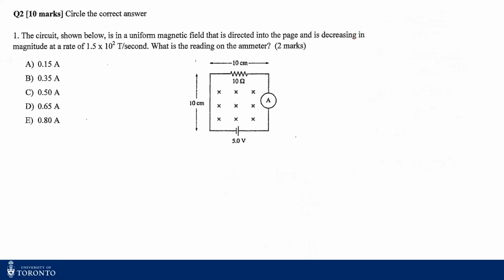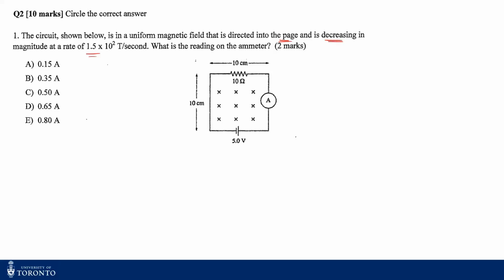All right. In question number 2, we have been given a magnetic field and a loop of wire with a resistance of 10 ohms through that magnetic field. The magnetic field direction is into the page, as mentioned, and it's decreasing at a rate of 1.5 times 10 to the power 2 Tesla per second.